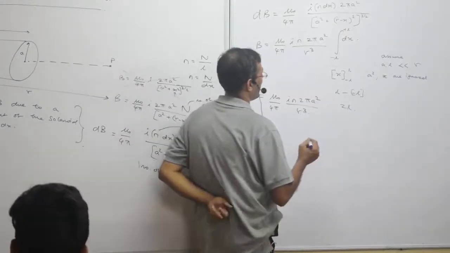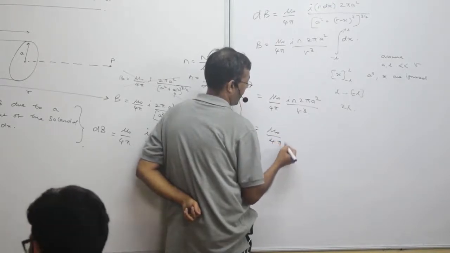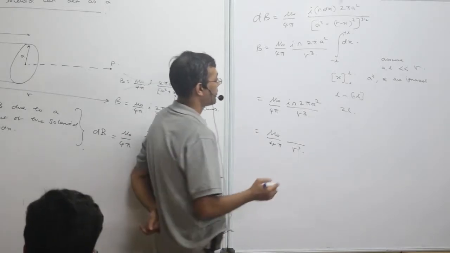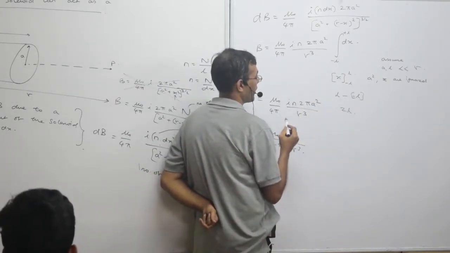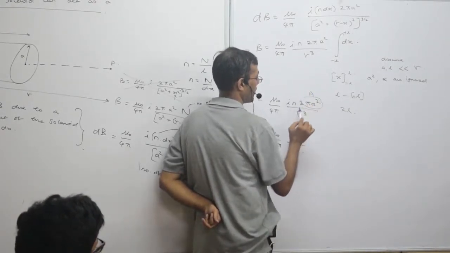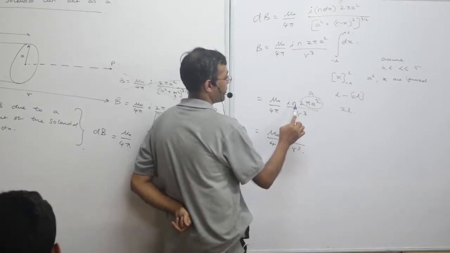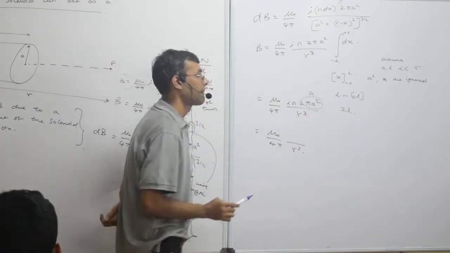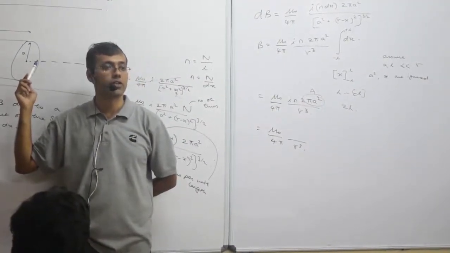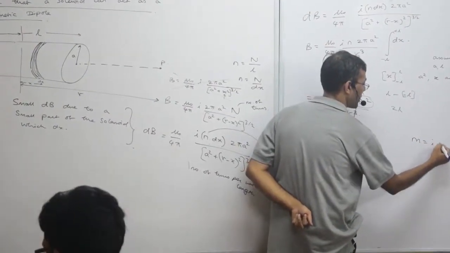So carefully listen to this. mu naught by 4 pi r cube is also there in the previous formula. Somehow I have to make this into 2m. Any idea how to make this? What can you say about this one? This is a, 2a is there, right? So I into a. But what about this n into 2l? What is n into 2l? Number of turns, total number of turns. I told you, if it is only one turn, it is Ia.